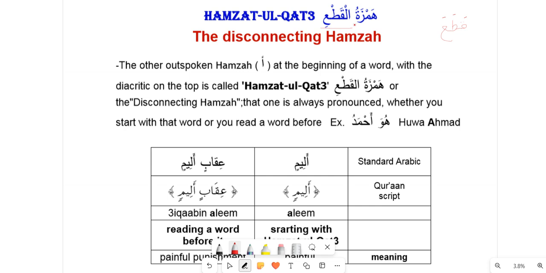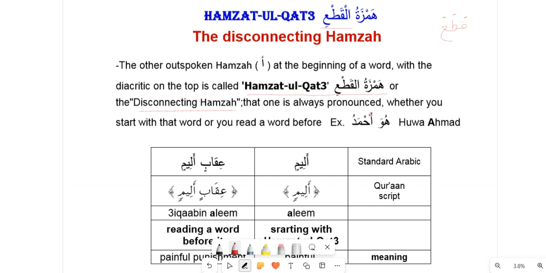Your sound will cut. The other outspoken hamza at the beginning of a word with the diacritic is called hamzatul qata, or the disconnecting hamza. That one is always pronounced, whether it comes at the starting of a word or a sentence, or in between two words.